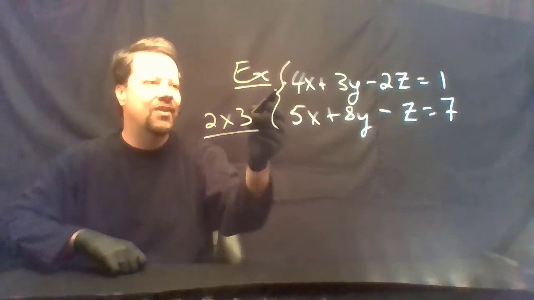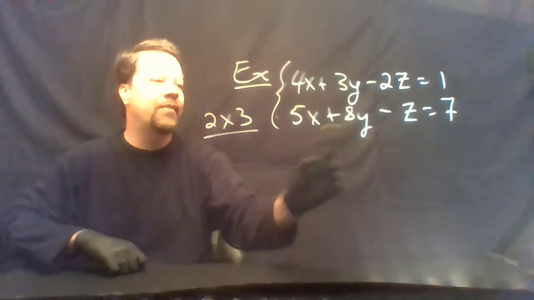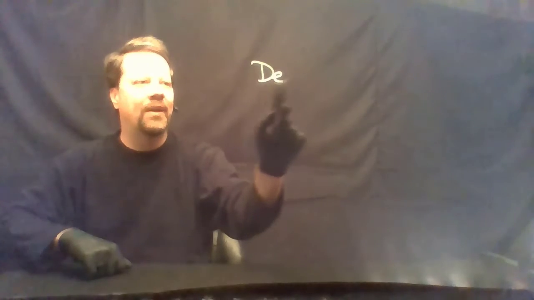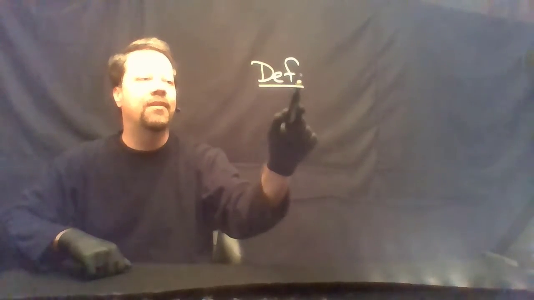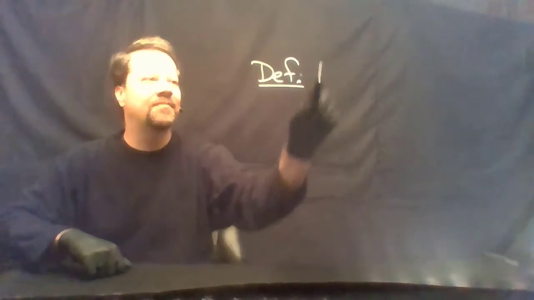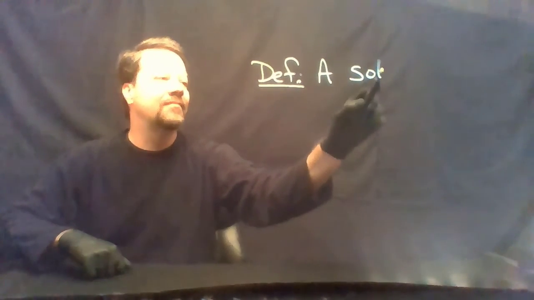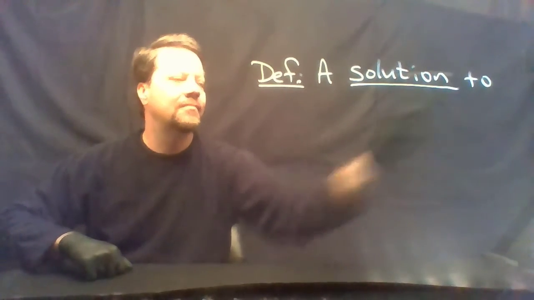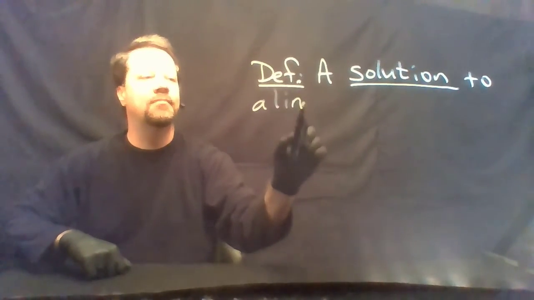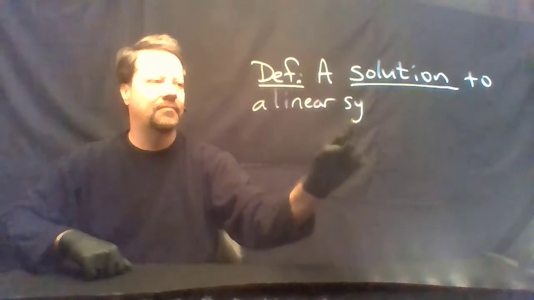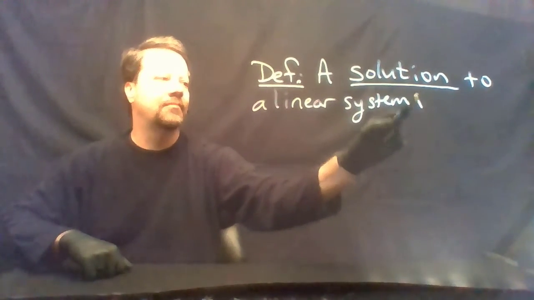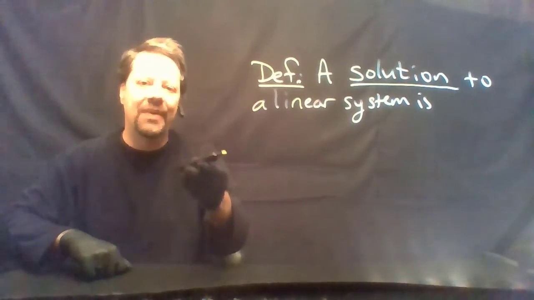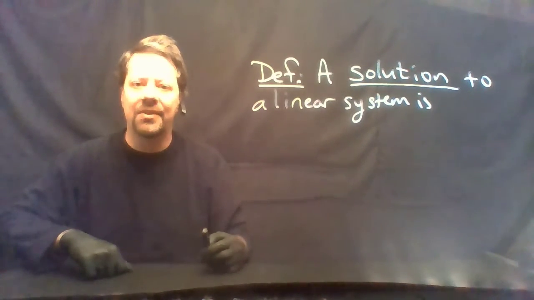It has two equations in three unknowns. What is a solution to a linear system? It's a point that, when substituted into each of the equations, yields a true statement.